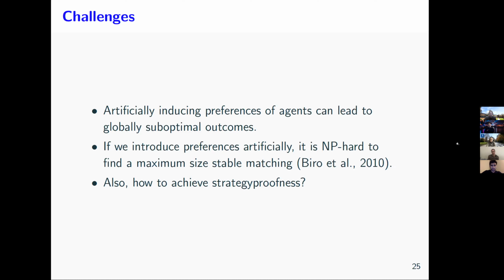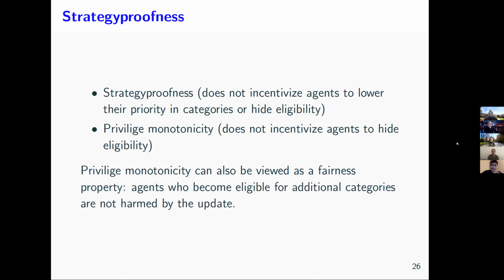And finally, there's also an aspect of strategy proofness, which, if not that important here, can be important in many reserve system problems, especially when you are giving health rationing, school seats, or various other applications. So what do I mean by strategy proofness in this context?